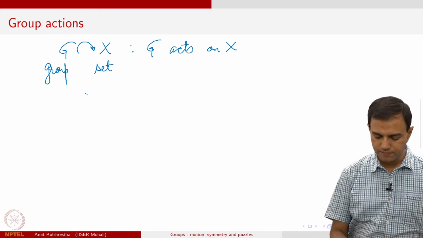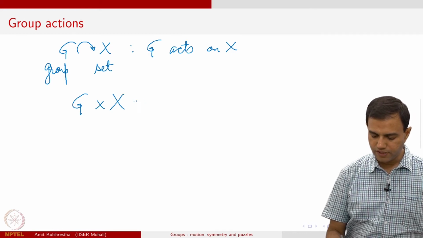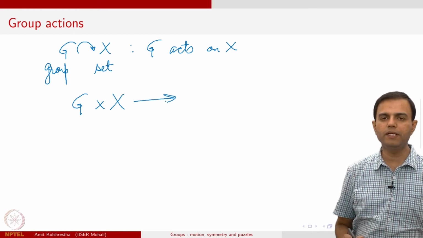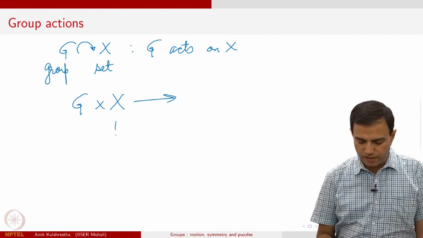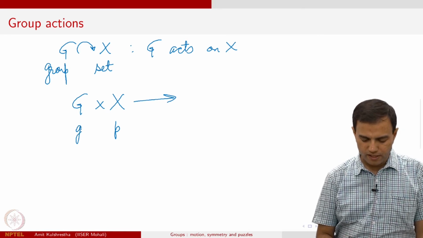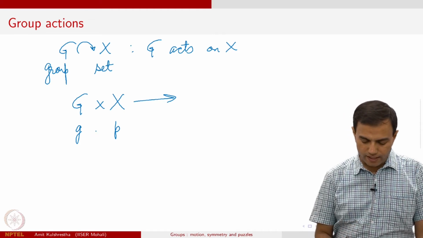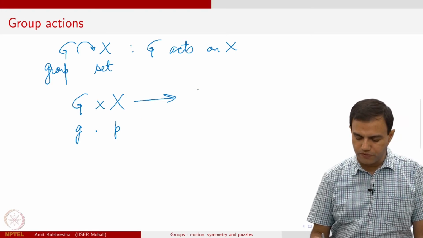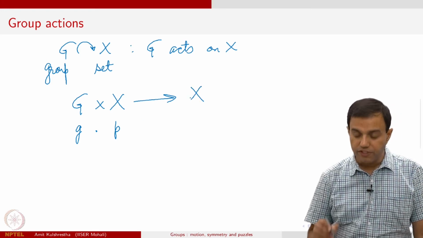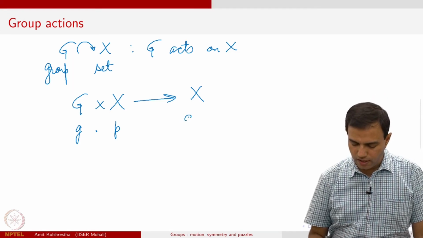When do I say this? When there is an action. And what's an action? As was happening earlier, I pick a point in the set and I pick an element in the group, and under the influence of this element of the group, the point P moves somewhere within X, and this is what I call G dot P. That's just a notation.